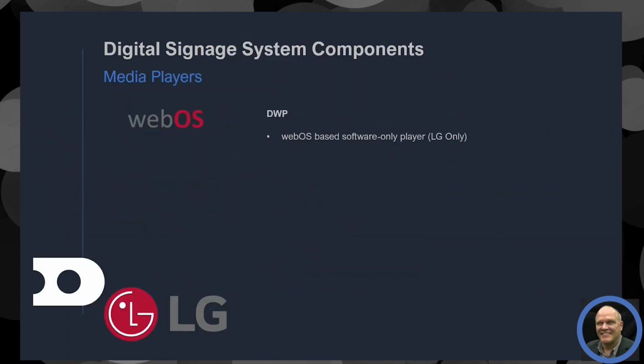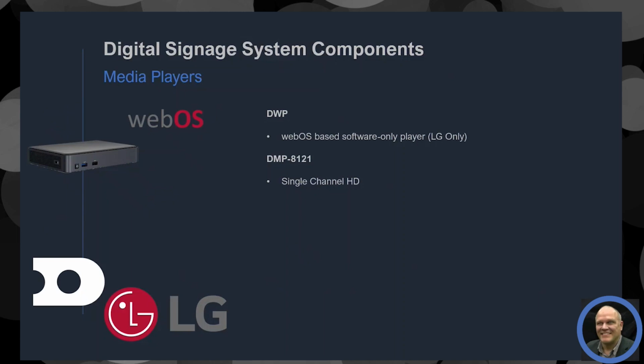I mentioned the WebOS. That is LG's operating system that we use to drive our DWP, or our Daktronics Web Player. We have single channel HD type DMP players. So this is the DMP 8121, and that is a single channel entry level or lower range media player that can support most simple, single screen digital signage applications.